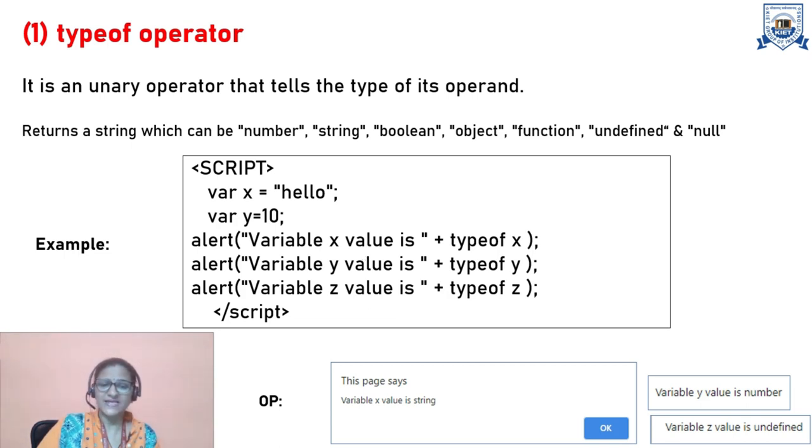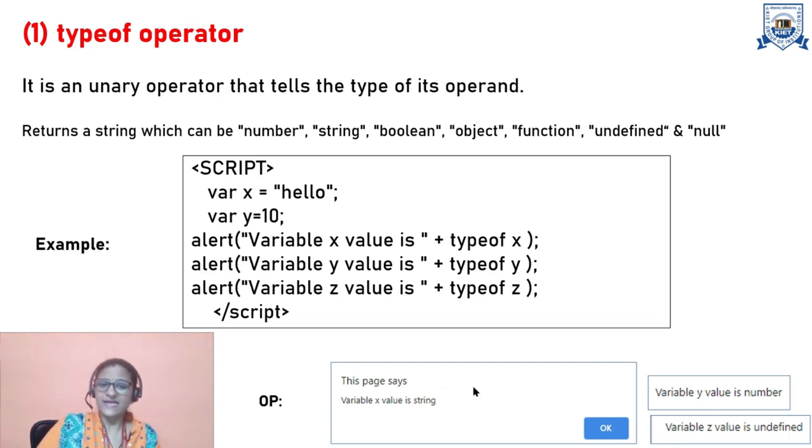So in X, the value is a string. As soon as we execute the program, an alert window appears and it says that the variable X value is, and shows the type of X, which is a string. For Y, the type of Y is number.